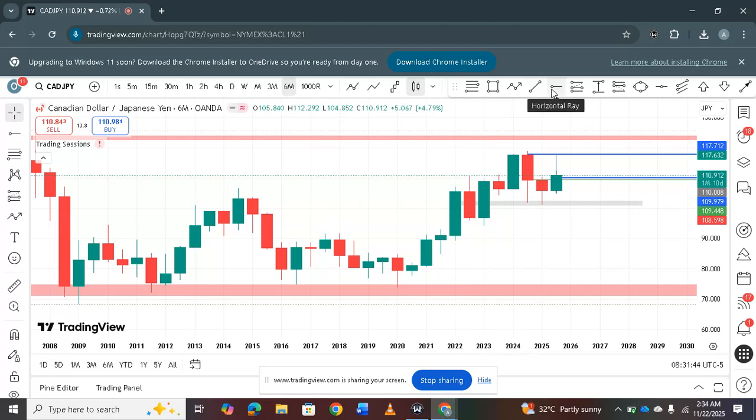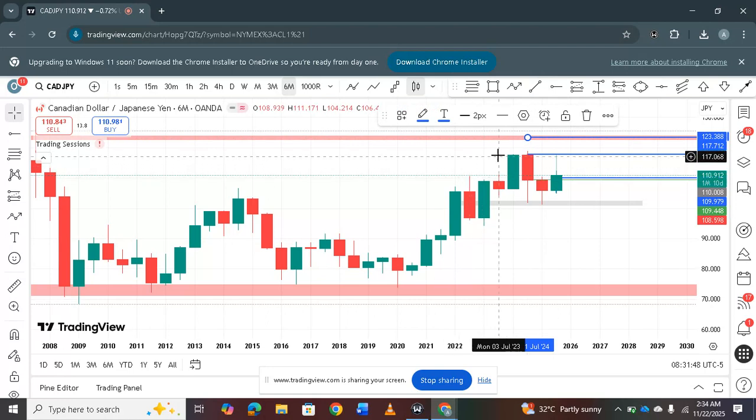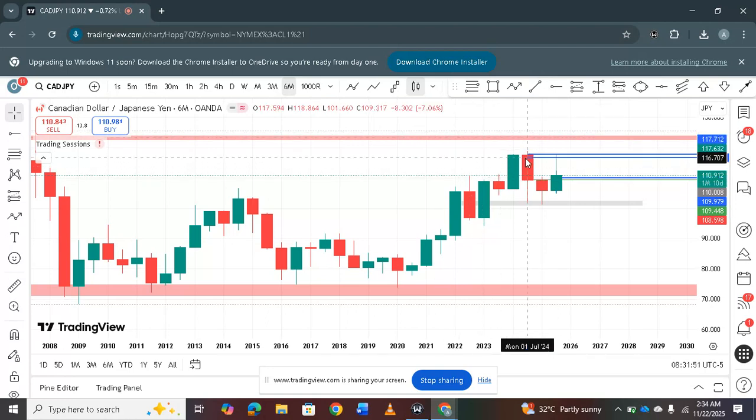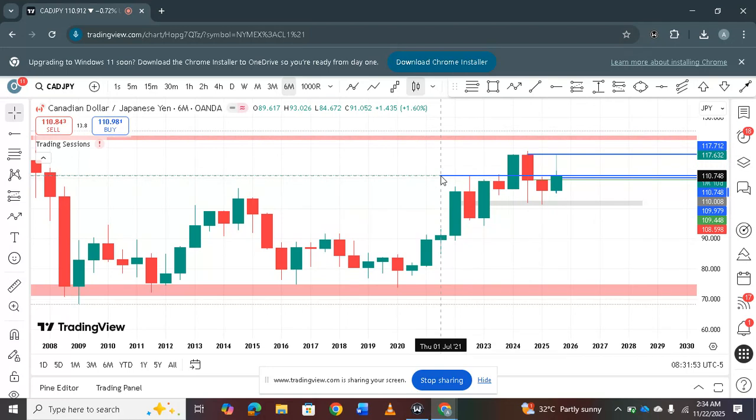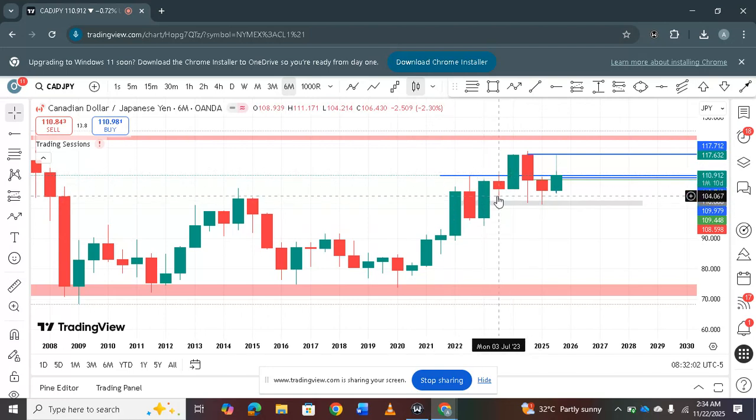Now, if you want to check this very well, let me do something here. I know some people will be confused about what happened here. They'll say, this is a change of market structure. No, this is not a change of market structure.